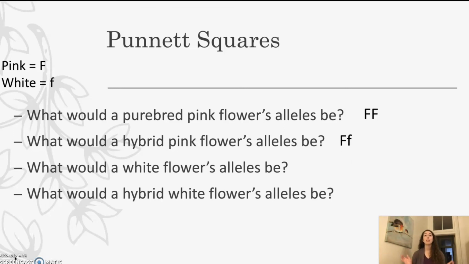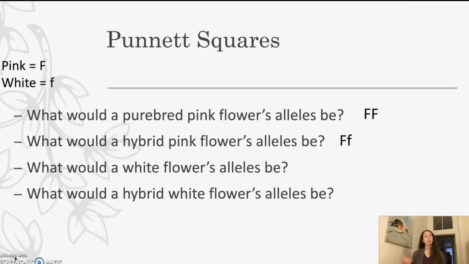Hybrid, again, means that you have 1 of each. You have a combination of both of those different versions of the gene. So, big F, little f, hybrid. And again, because we have that 1 dominant allele, it wins every single time, so it has to be pink.